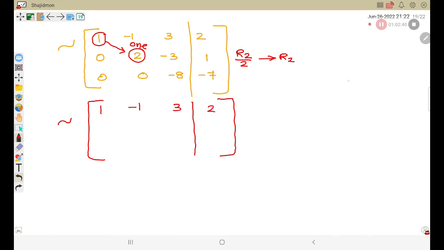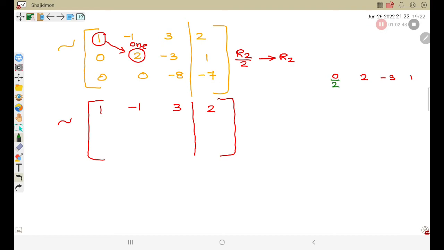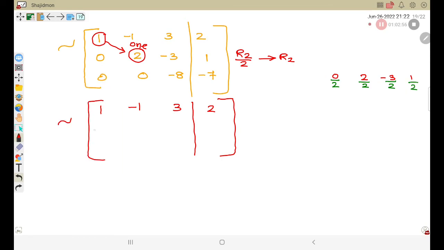Second row complete number divided by 2: 0 by 2 is 0, 2 by 2 is 1, minus 3 by 2 is minus 1.5, 1 divided by 2 is 0.5. So we can write 0, 1, minus 1.5, 0.5. Third row same, 0, 0, minus 8, minus 7.